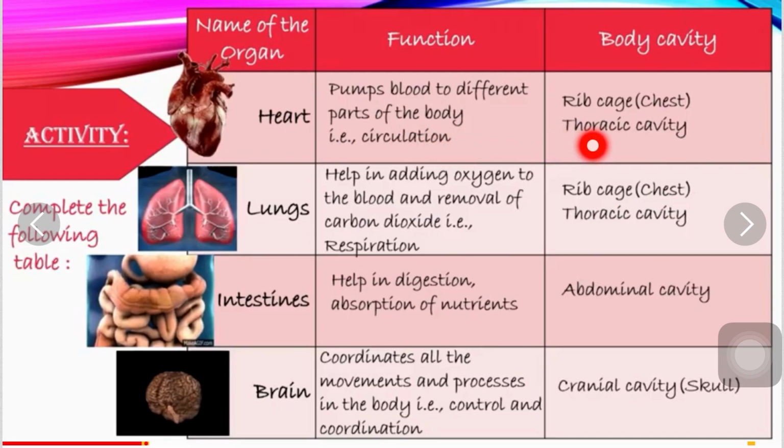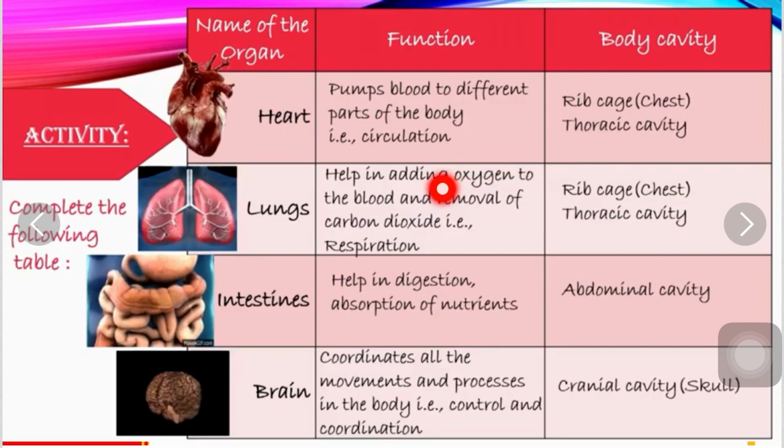This function is done by the heart. Then body cavity means what does it protect? The heart is protected by the rib cage. The rib cage is your chest, the thoracic cavity.